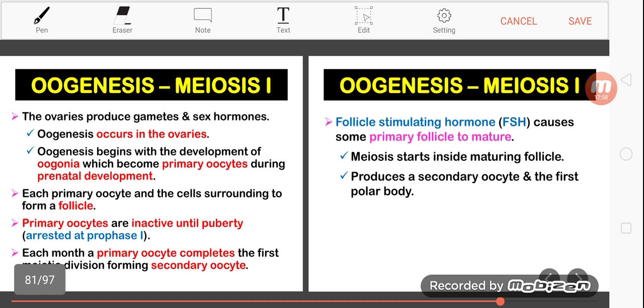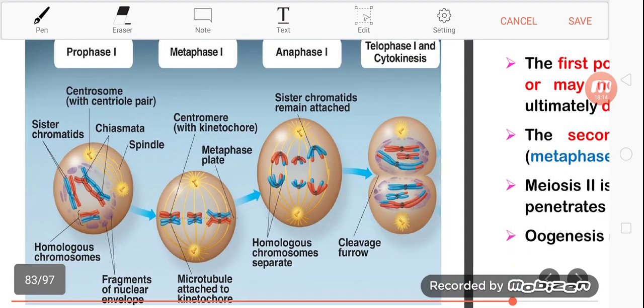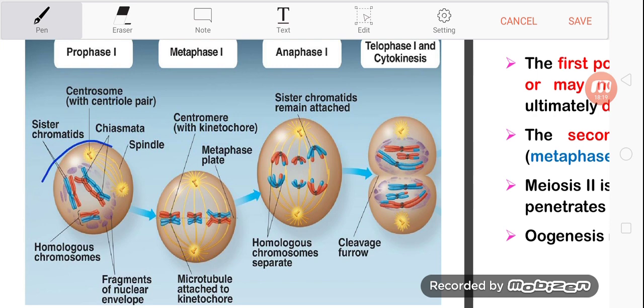Okay, slides elaborating the process I have talked about before. In oogenesis, what happens in meiosis 1? Chromosome homologues are present, so it is arrested at prophase 1, and then it will continue the completion of meiotic division 1 when follicles mature.